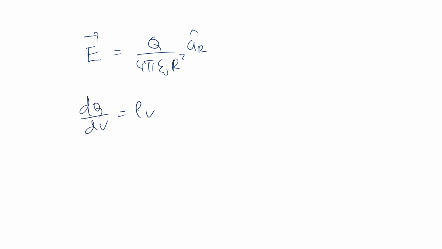Since E is equal to Q by 4 pi epsilon 0 r square a_r cap for any condition, and we studied that dQ by dv equals rho v. From this you will get dQ is equal to rho v dv, and if you substitute that, you get Q equal to the integral of rho v dv over the volume.